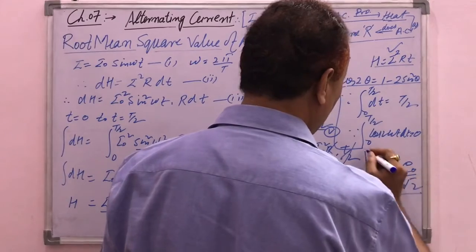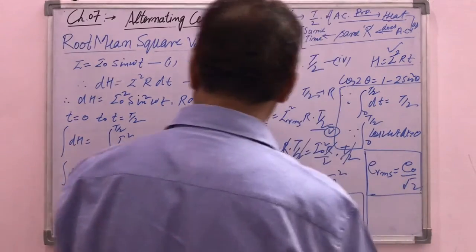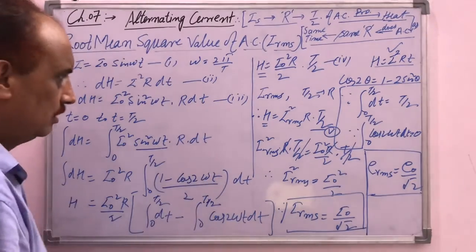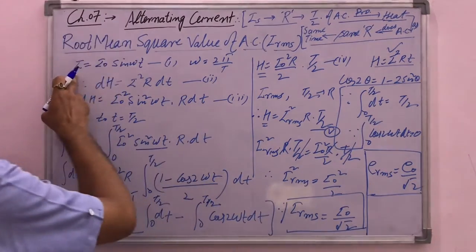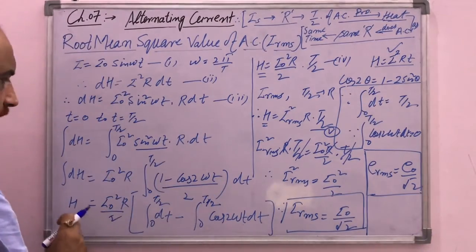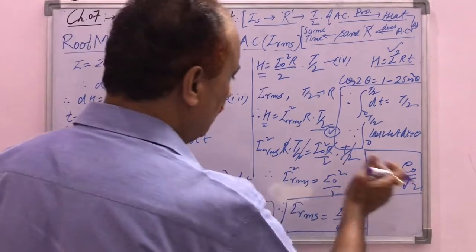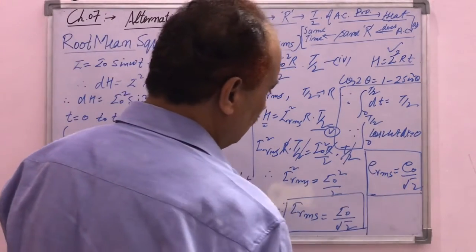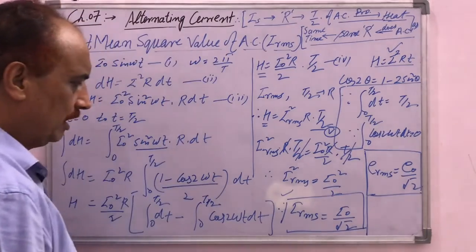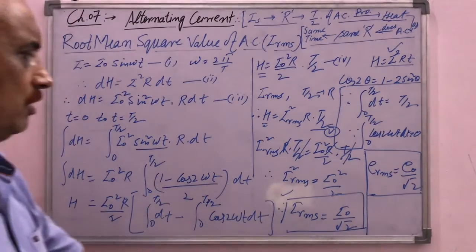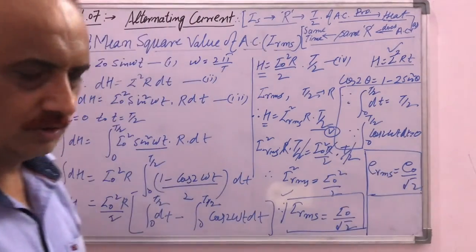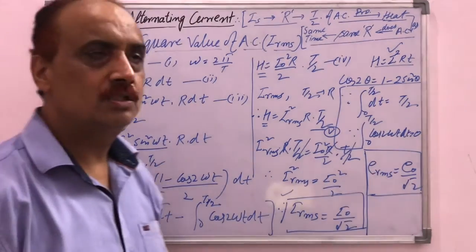That can also be calculated using the same method: using the equation E equal to E naught sine omega t, we can find how much heat is produced, and again write the equation to get E RMS. So the root mean square value of current is I naught upon root 2, and E RMS is equal to E naught upon root 2. This is the expression for the root mean square value of AC.